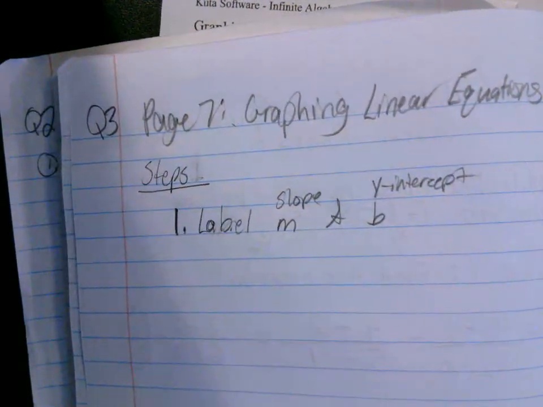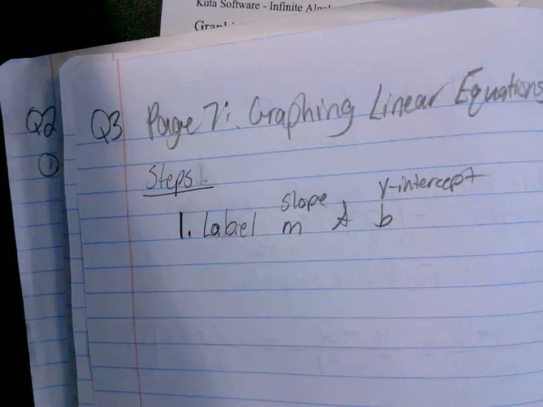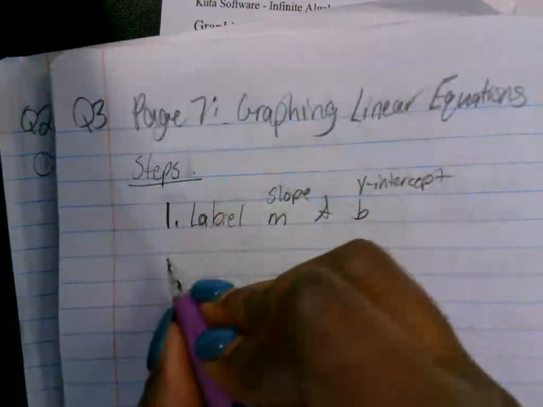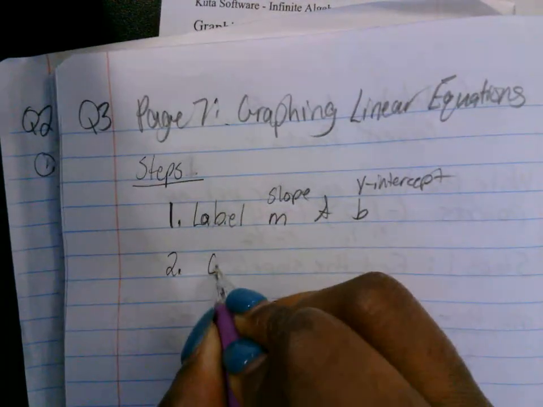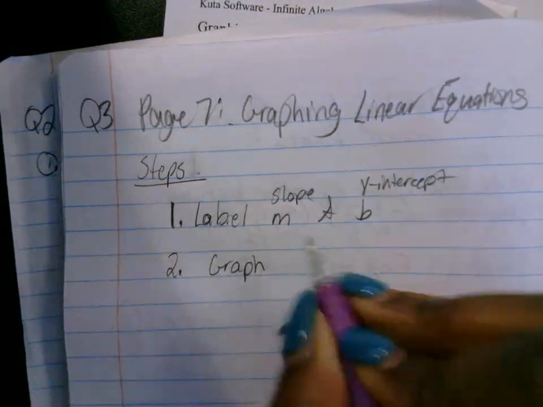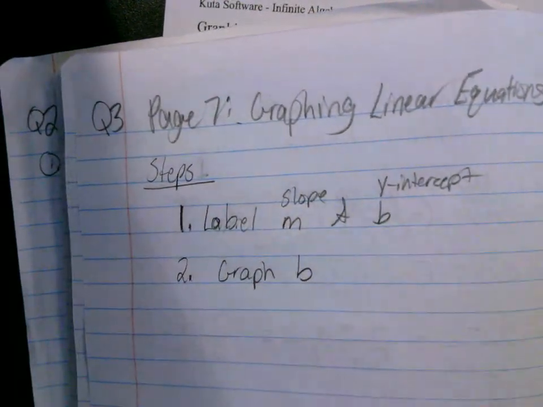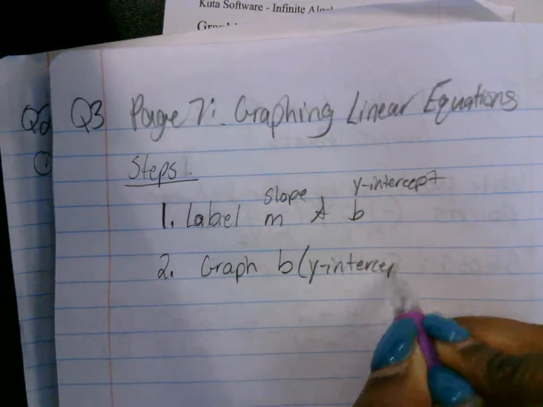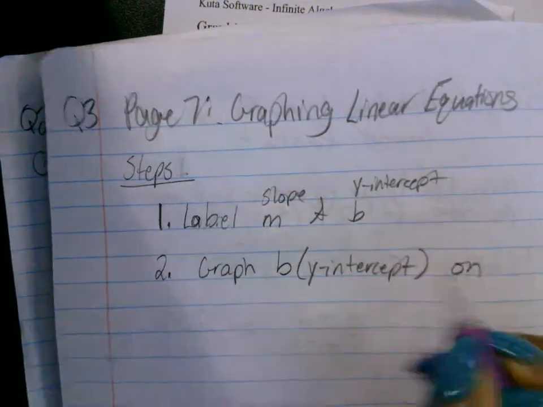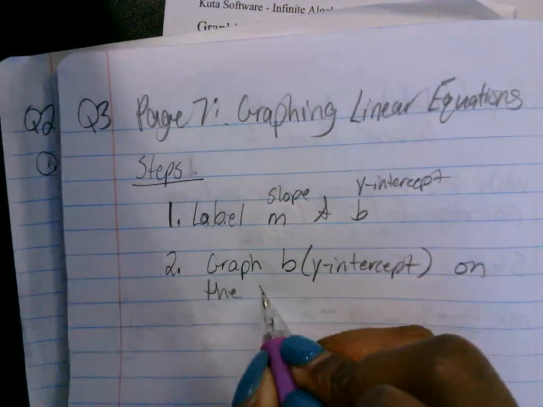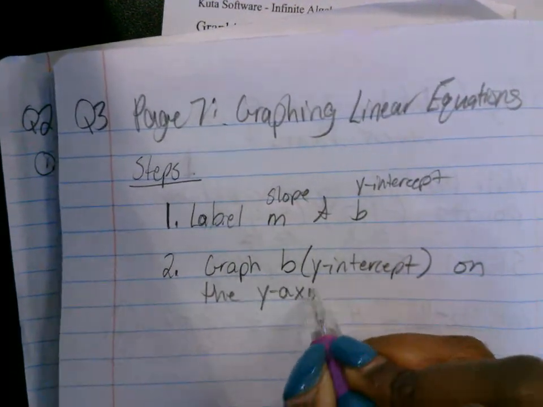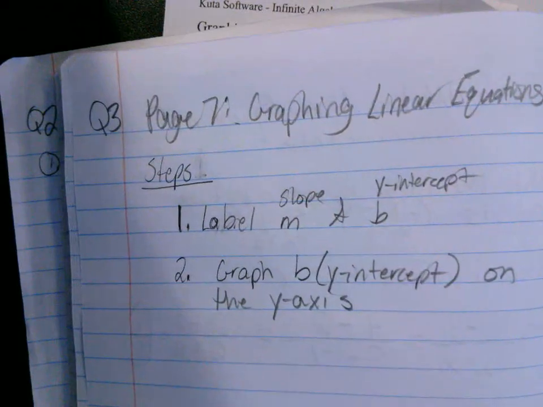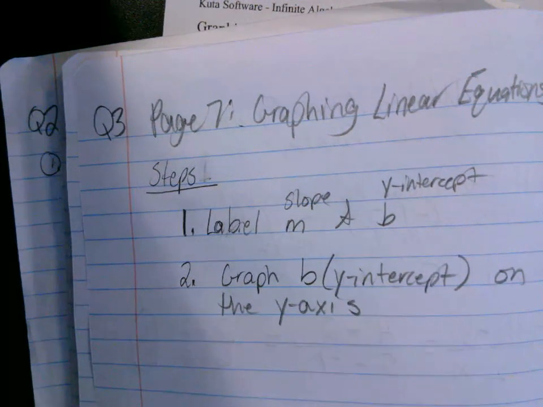That's your first step. Pause for the cause. Step 2: graph B, whatever B is equal to, which is the y-intercept, on the y-axis. That's step 2. Pause for the cause.